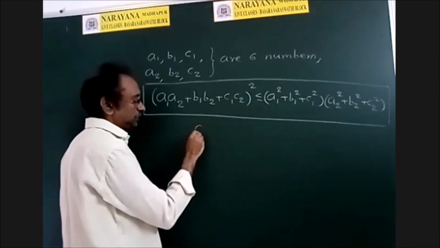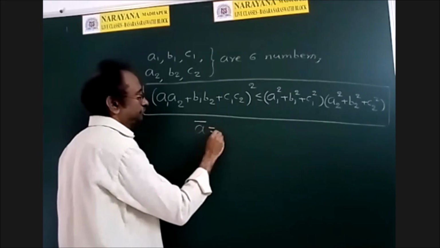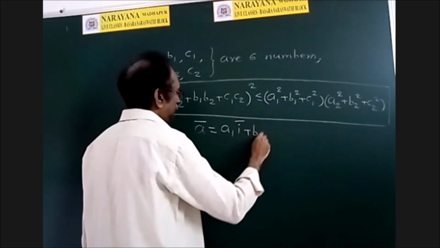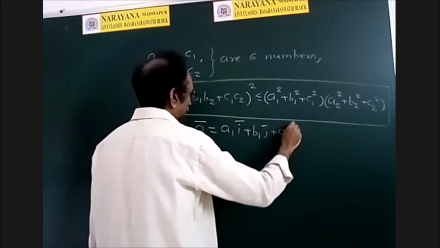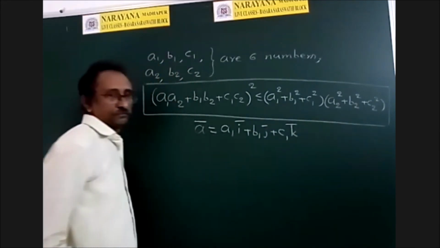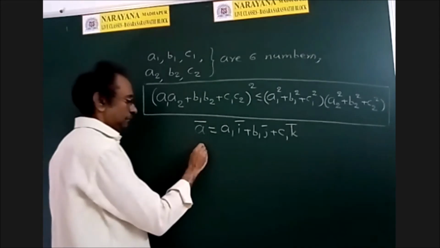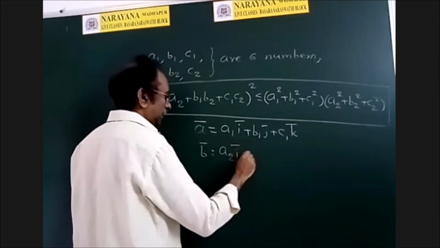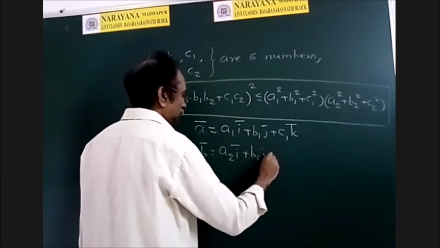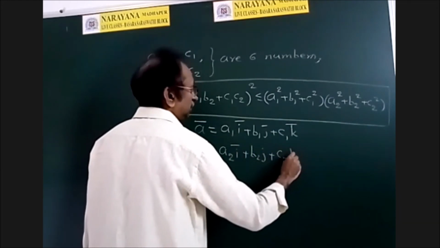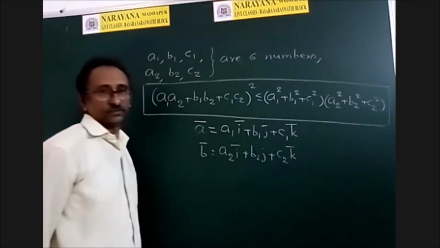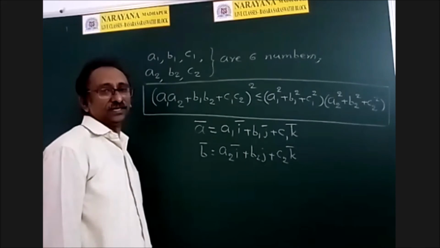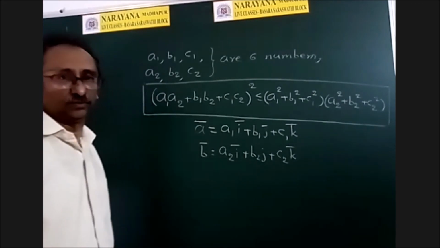See, suppose A bar is equal to A1 i plus B1 j plus C1 k. So that is a vector. And B bar is equal to A2 i plus B2 j plus C2 k, where i bar, j bar, k bar are unit vectors along the x, y and z axis respectively.